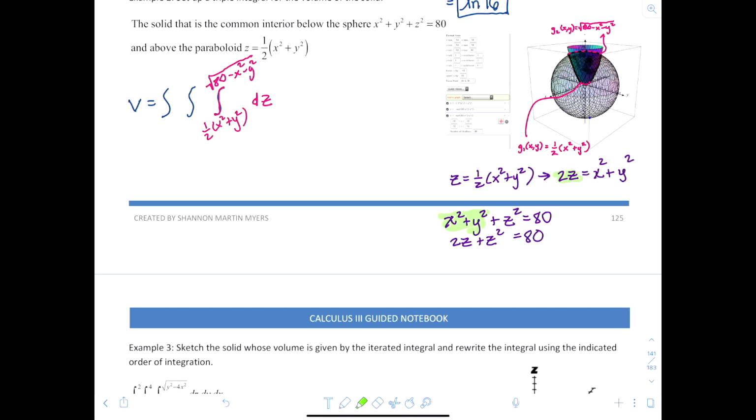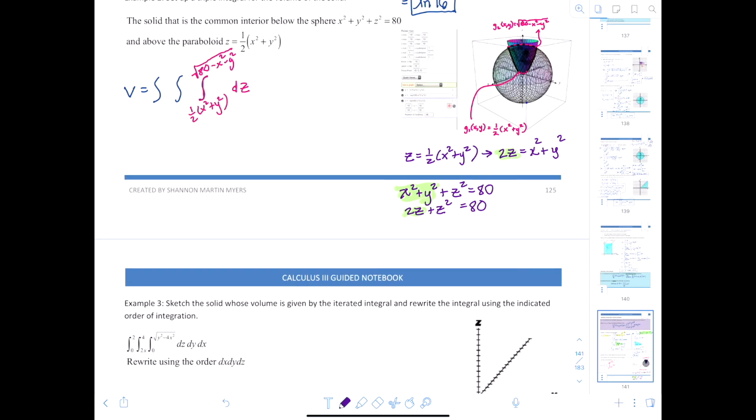And remember, because 2z is x squared plus y squared. And so factoring out a z, we would get, nope, sorry, not factoring. So we would end up with, I'm going to add a page here.